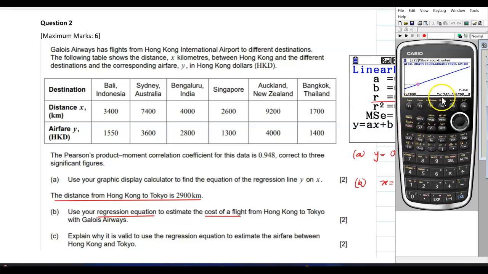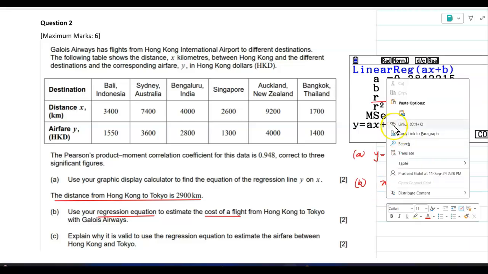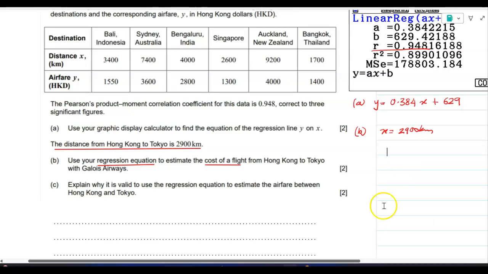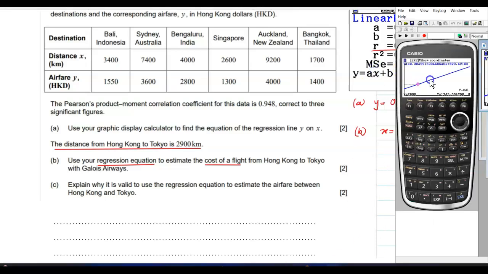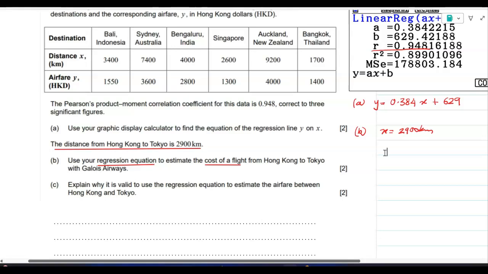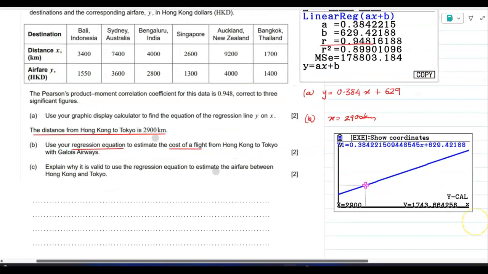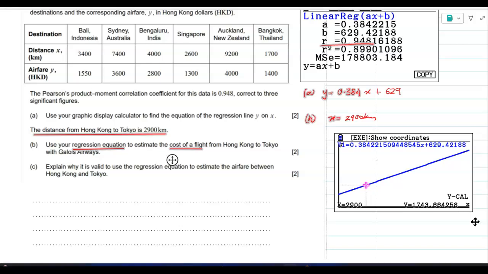So how much is that? 1743. Now if you take rounded value, your answer won't come exact.